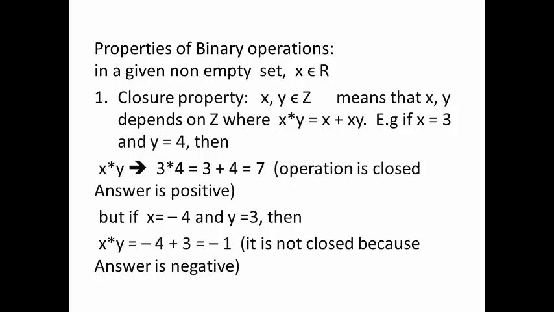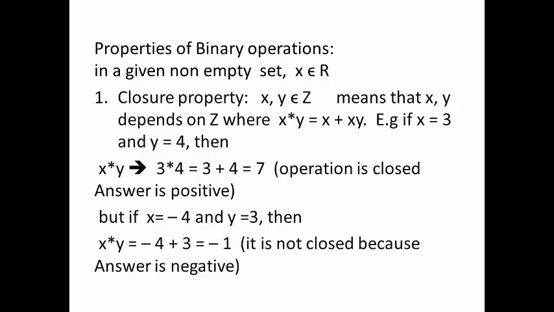If x, y are elements of the positive integers. Now, for the fact that x and y are positive integers, if we are to show that this is a closure property, by the time we operate x and y, the result must be a positive integer.